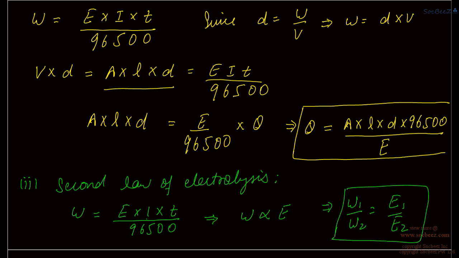This is the second law of electrolysis. It says that the amount of different substances deposited or dissolved by the same quantity of electricity are proportional to their respective chemical equivalent weights.